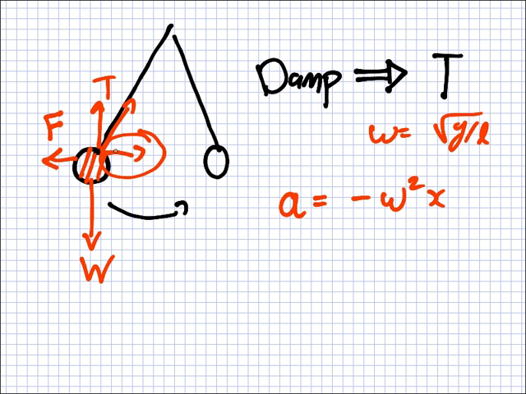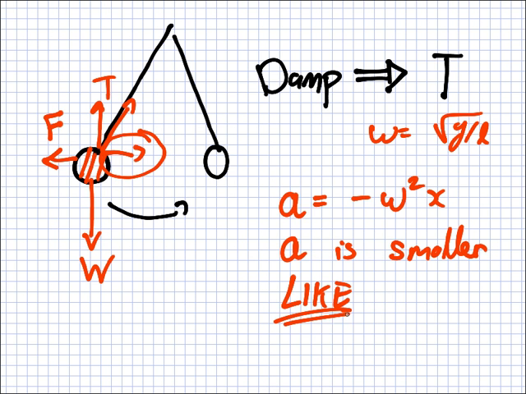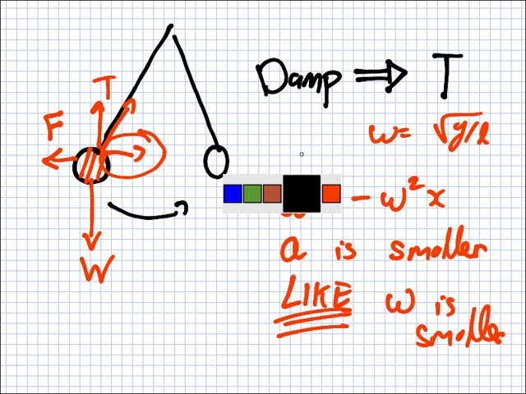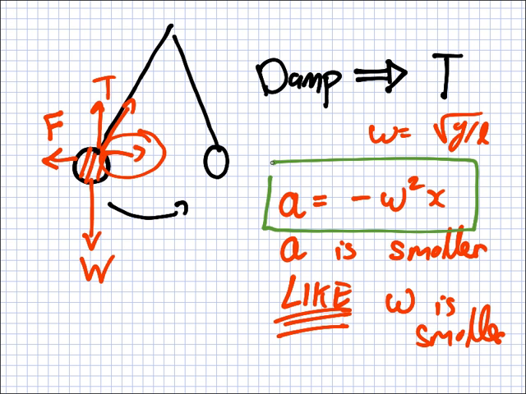Now what's going to happen this time though is the A is going to be smaller. So that is like the omega is smaller. Now why am I saying that? Well, here's my formula.